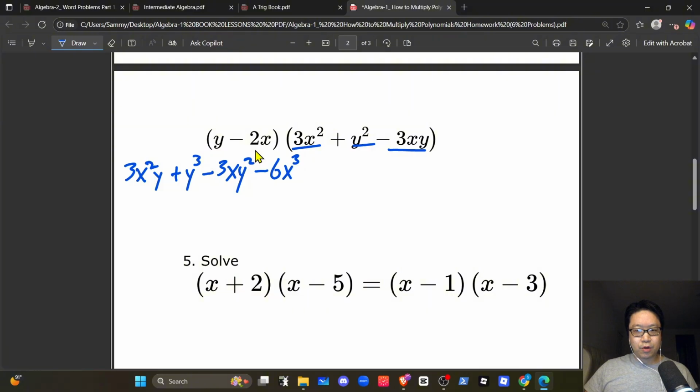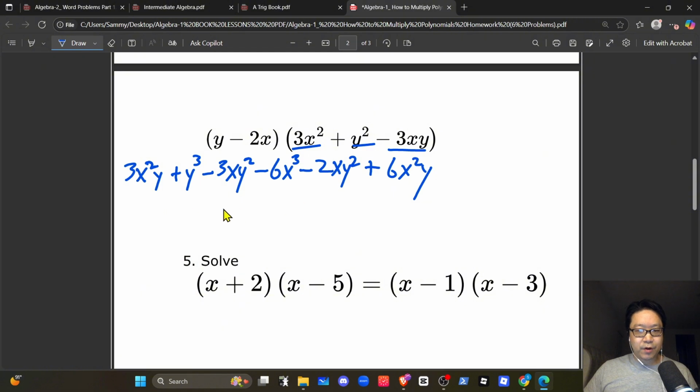And -2x and positive y squared is going to give us -2xy squared. And finally, -2x and -3xy is going to give us positive 6x squared y.